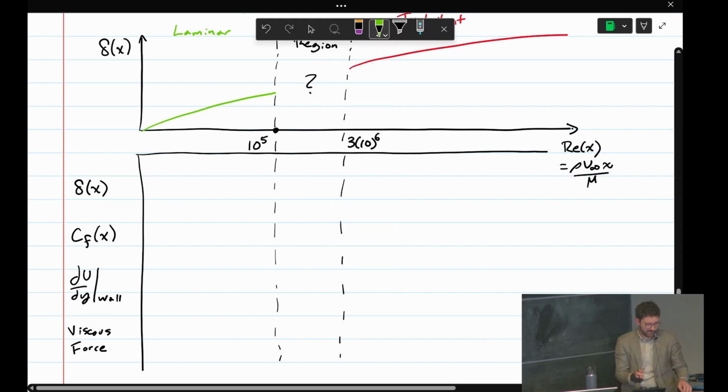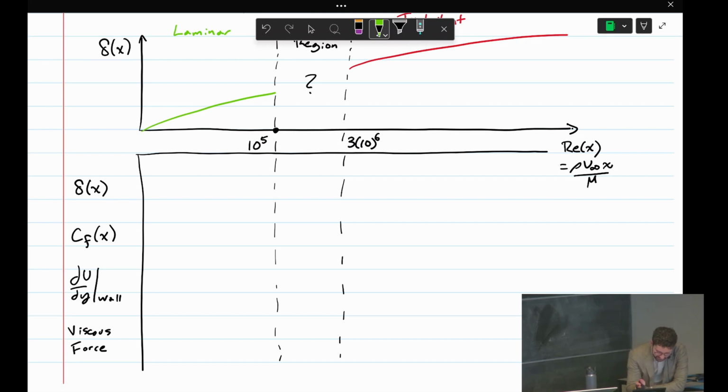So for a laminar boundary layer, the boundary layer thickness, delta, which is a function of x, is 4.91 x over the Reynolds number at that x location to the 1/2.